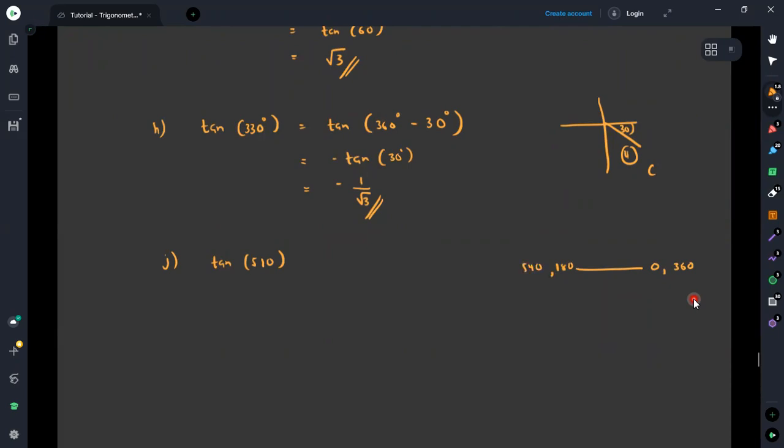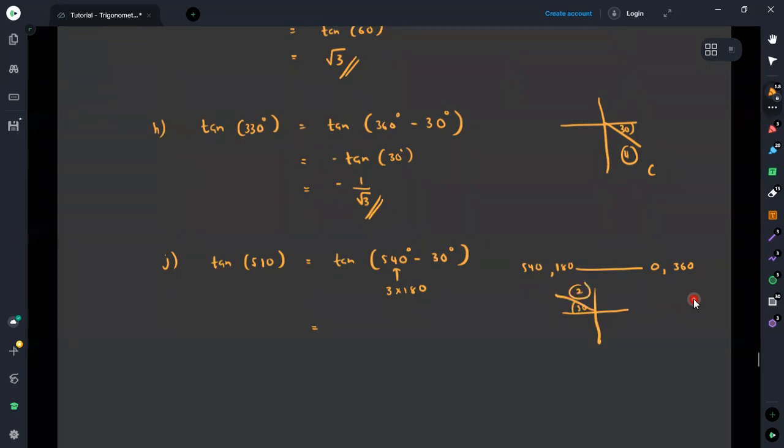Therefore, now we can consider this as the tangent of 540 minus 30 degrees. We can have it in this way, and what we know is that 540 is equal to 3 times 180. Using this concept, we can now find out in which quadrant the angle lies. Here it is 540 minus 30, therefore this angle would be 30.